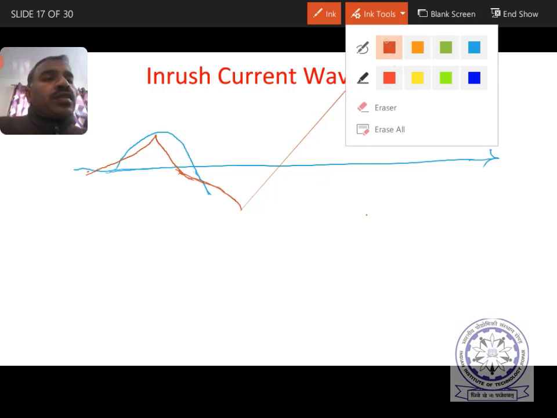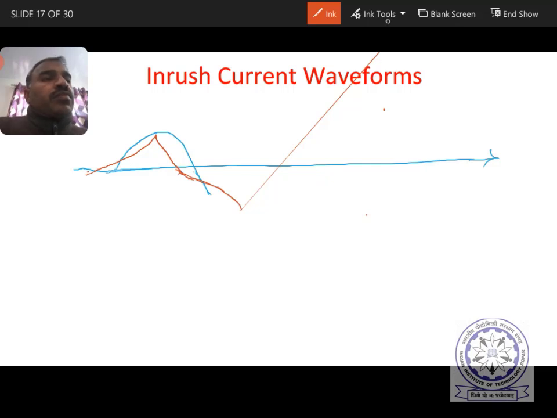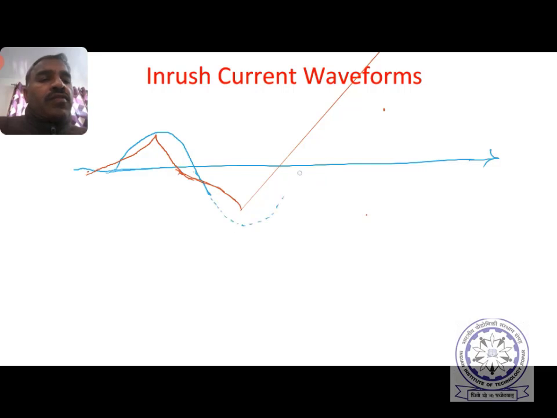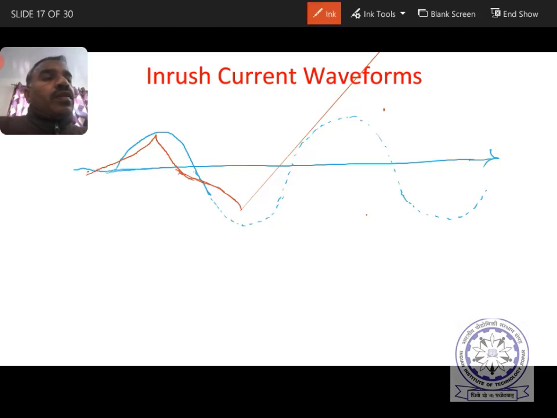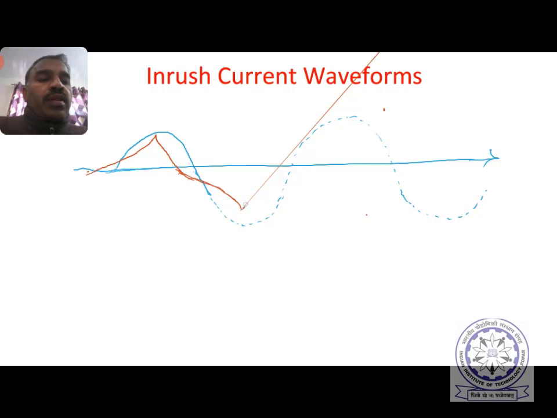Blue color. So if this is the flux waveform, corresponding to it there will be excitation current also, like this.